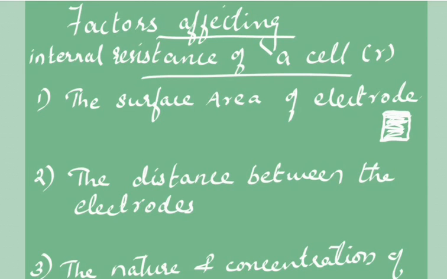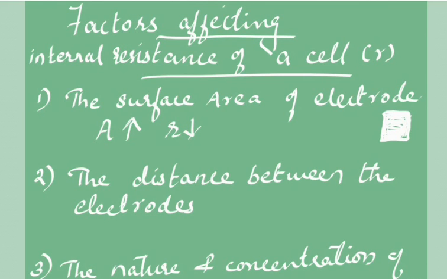The surface area of the electrode will affect the internal resistance. If the surface area is more, internal resistance will be less. So that is the relation: the more the surface area, the less the internal resistance.